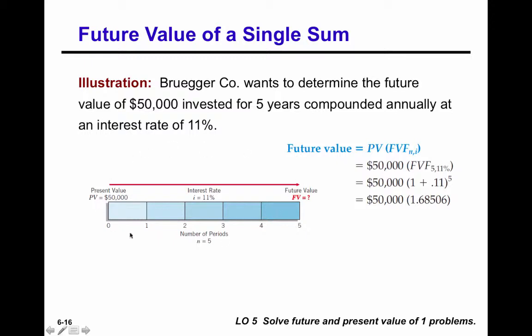This is a pictorial depiction of what's taking place down here. And you can see that the arithmetic, 1.11 raised to the 5th power, is this number here. And that applied to the amount of the original present value says that the growth will become 84,253, that being the unknown future value in this problem.